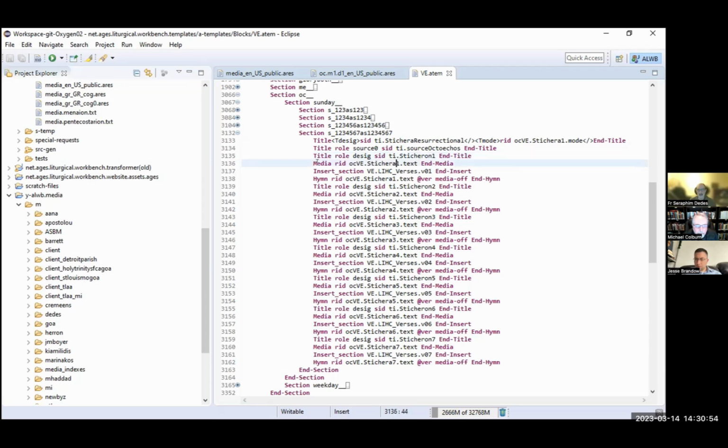Okay, and then we have a line that says media. This is going to create the media links. Media is saying RID, relative ID, and the key of the first stikiron. So it means figure out, is it mode 1, mode 2, mode 3, it's mode number 5, plagal the first. That's what it's going to figure out. Figure out that it's on Saturday evening.